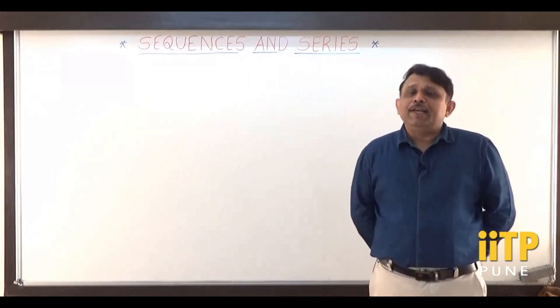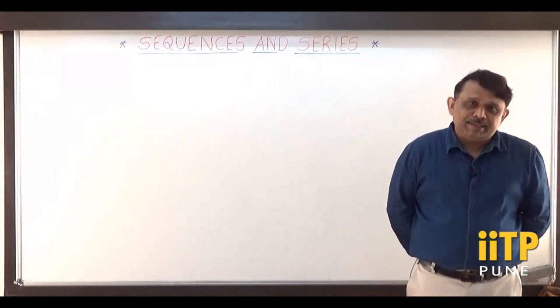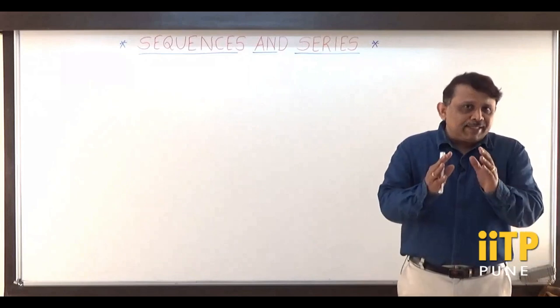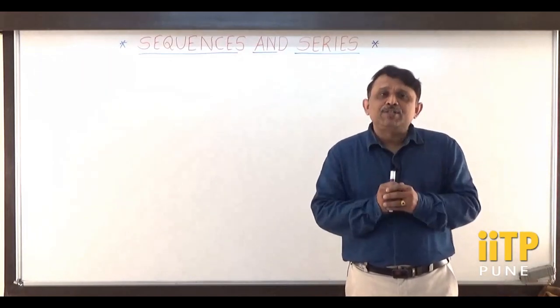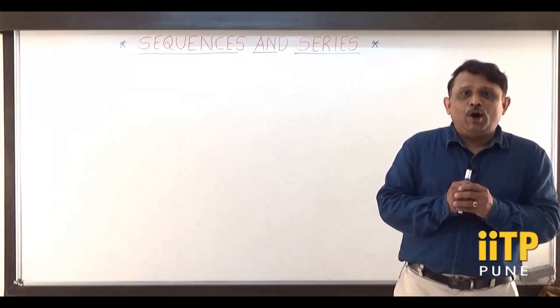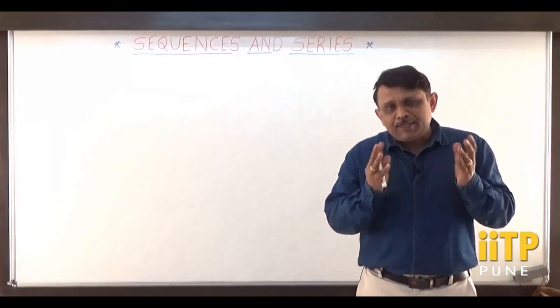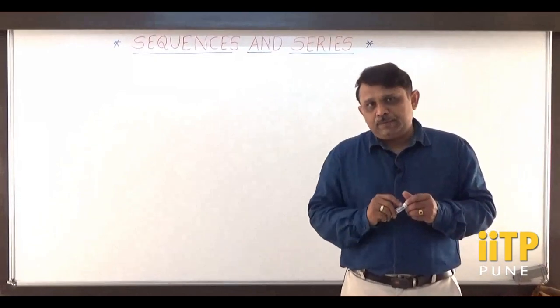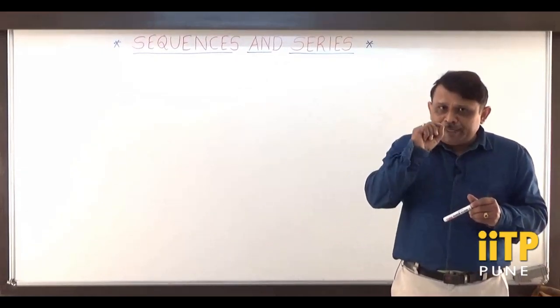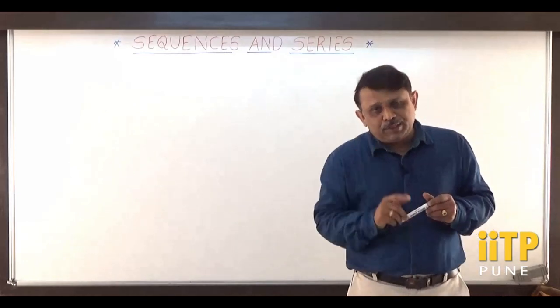We have seen what is a sequence and what is a series. Now there are various kinds of sequences. Mainly we will study a sequence called arithmetic sequence, or arithmetic progression. Second is geometric sequence or geometric progression.